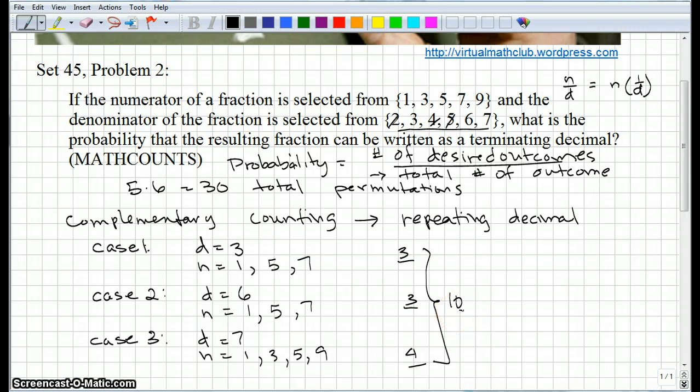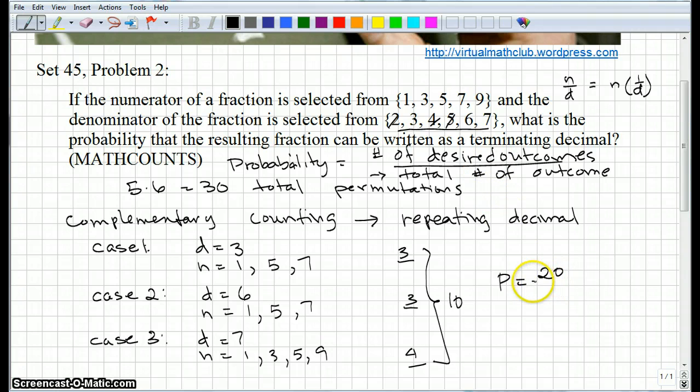But what we want to know is how many of these fractions will result in a terminating decimal. Remember that they're either going to be repeating or terminating. So if we had 10 that have a repeating decimal and 30 total, then the number of desired outcomes is going to be 20.